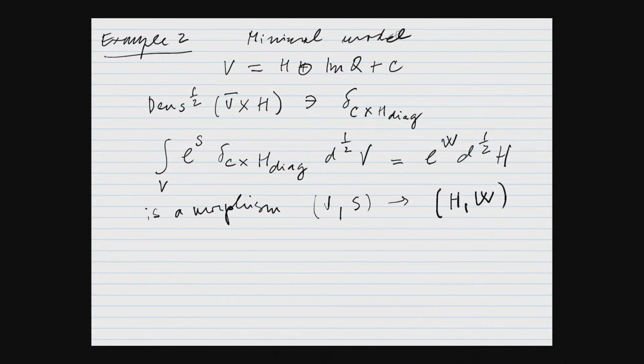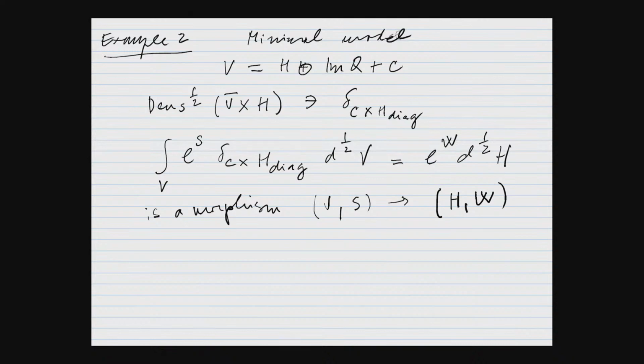So of course, what you should consider is half densities on V bar cross H. And it should be supported on the Lagrangian subspace.